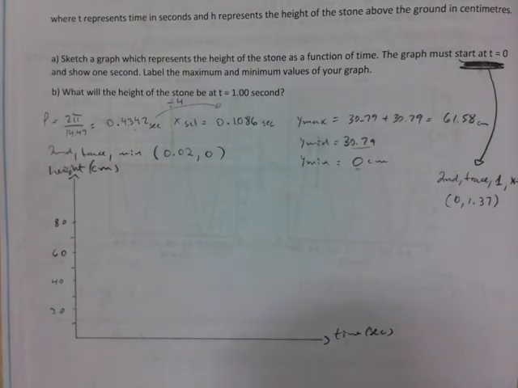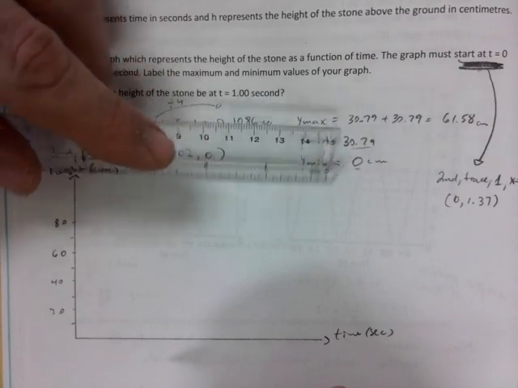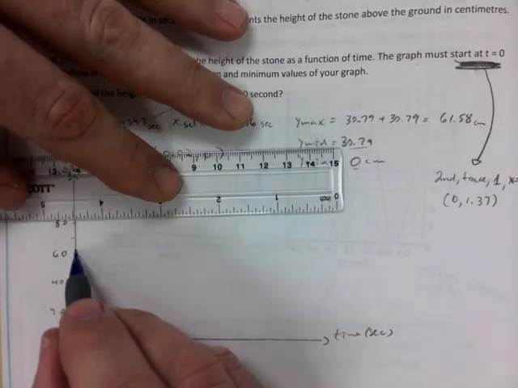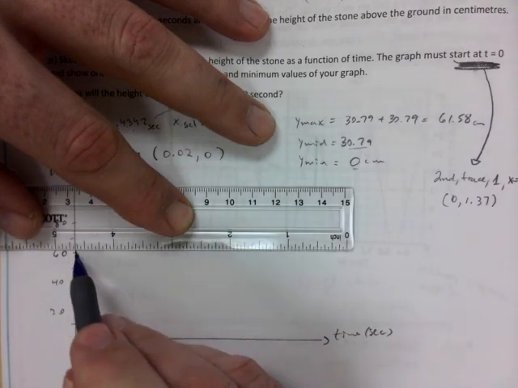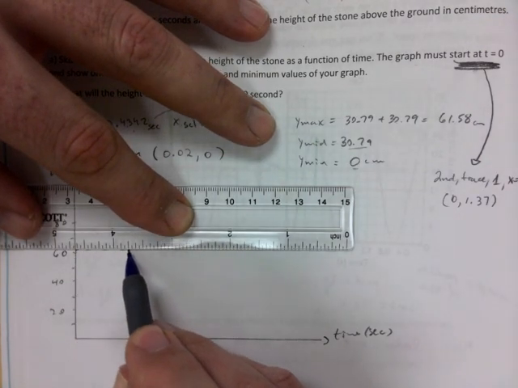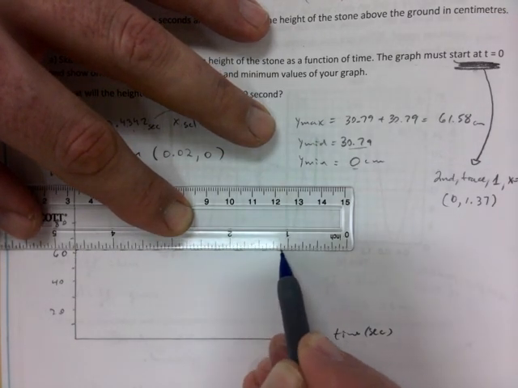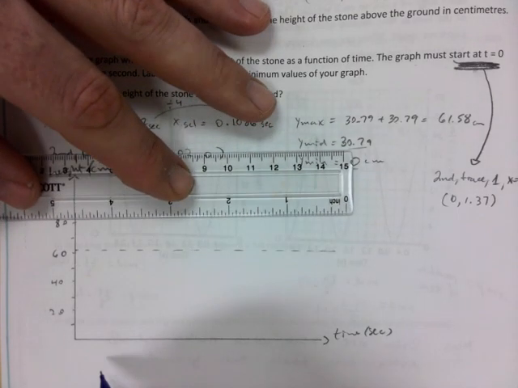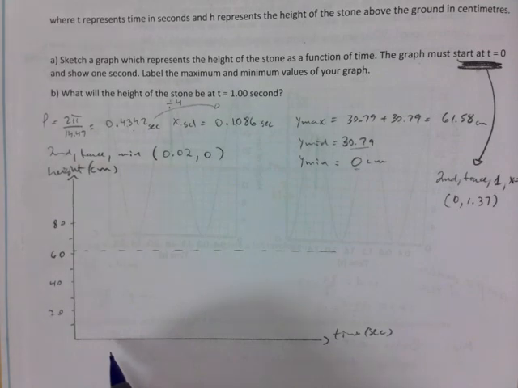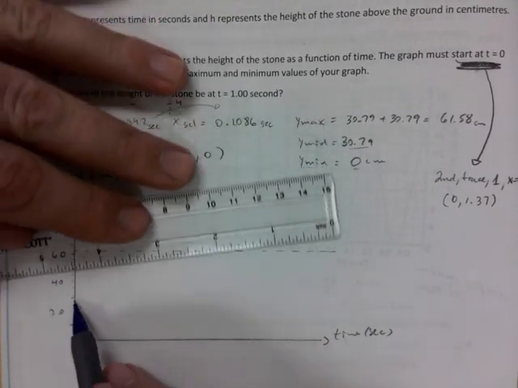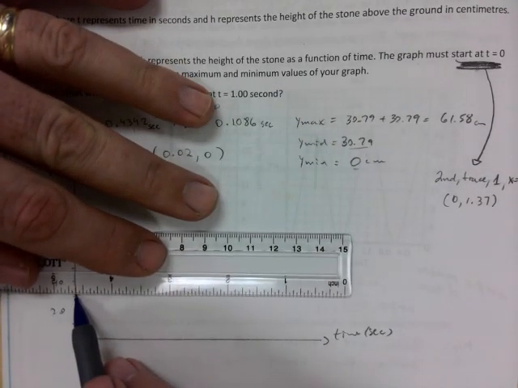And I'm going to go ahead and graph those. So 61 is right about here. So I'm just going to mark that dashed line because it's going to help us graph this. And then we have 0, right? That's just our lowest. And our mid is 30, just above the 30 mark here.